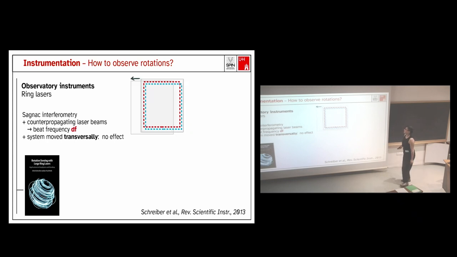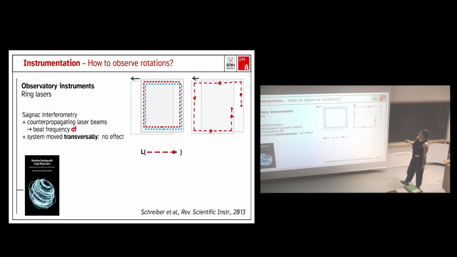So the red laser beam, the one going in one direction, has a slightly longer path length here to catch up with the mirror that has moved in the meantime. This length stays the same. This length is a little bit shorter from the point of view of the light because the mirror moved towards it. And then it ends up at the starting point.